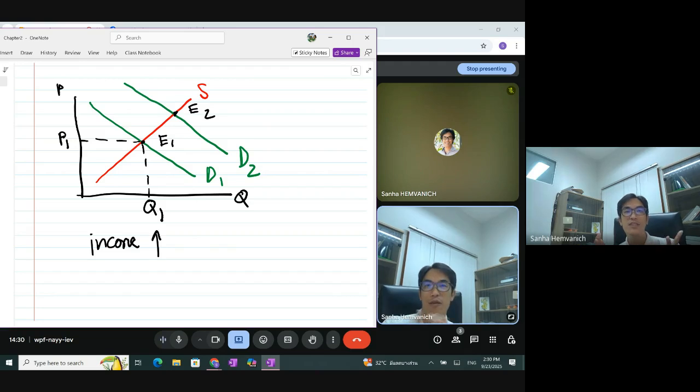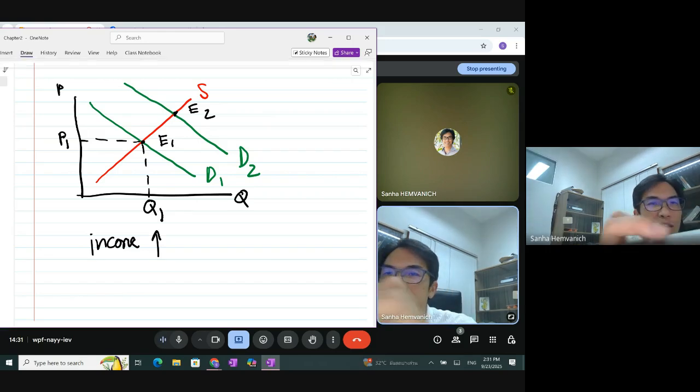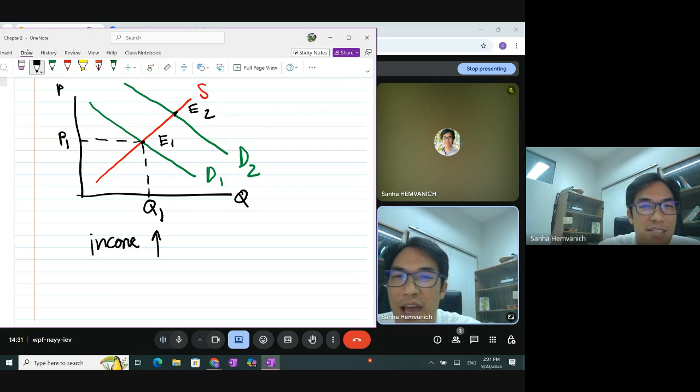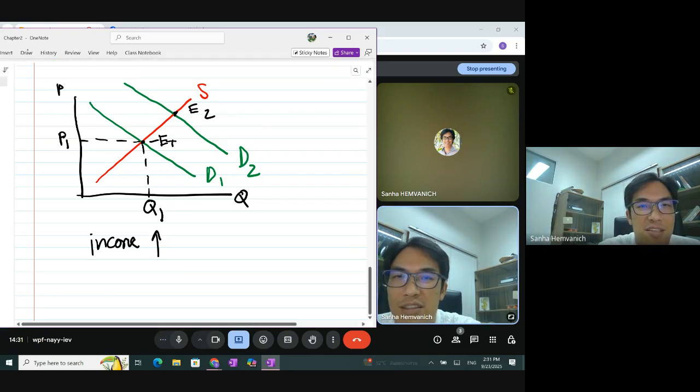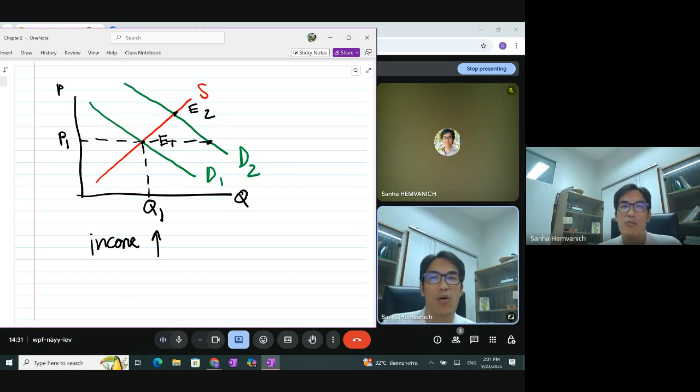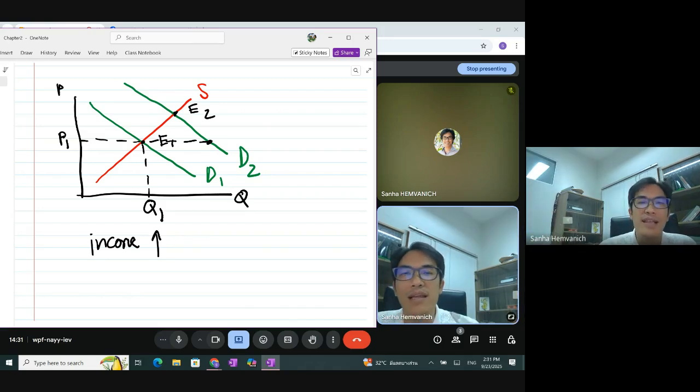Okay, we can check by saying we want to represent people have higher demand this year because the income has increased. So does D2 show that? If we stick with P1, the same price, and you draw the intersection between the old equilibrium price P1 and the new demand curve D2, let's say point A here.